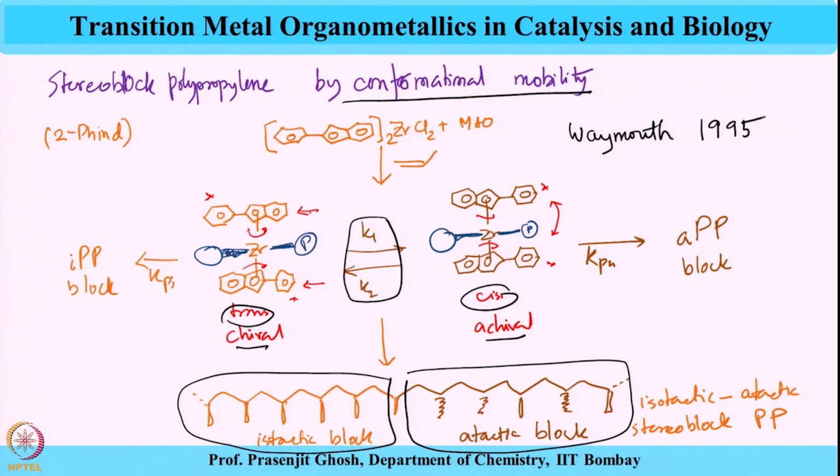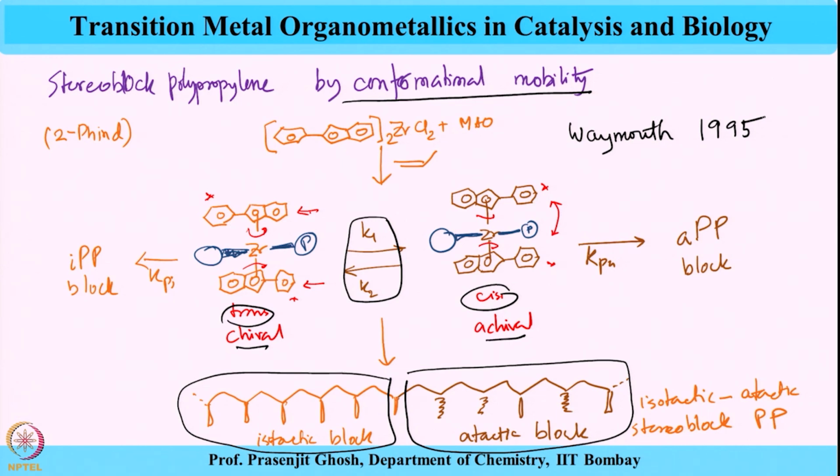And these two isomers are of comparable energy, so they could be varied by changing the temperature, pressure, and the R groups.